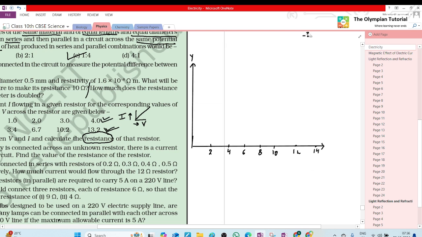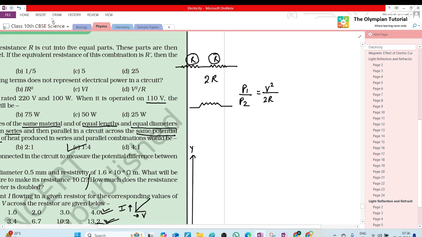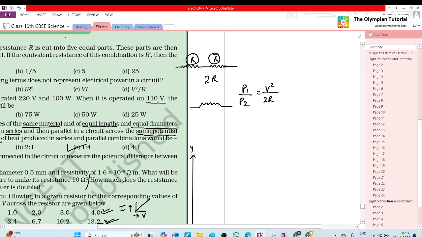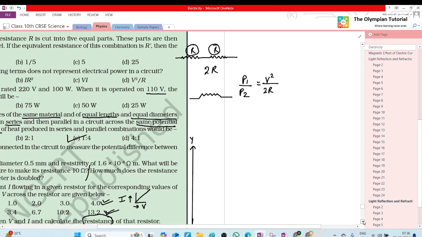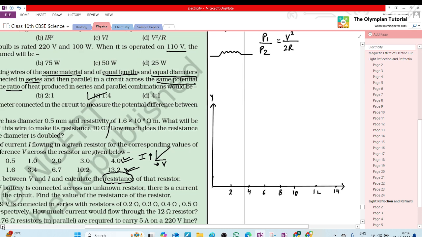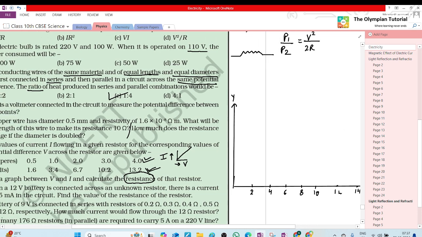And on the y-axis we will take current. The last value is 4, so simply you can take 1, 2, 3, 4.